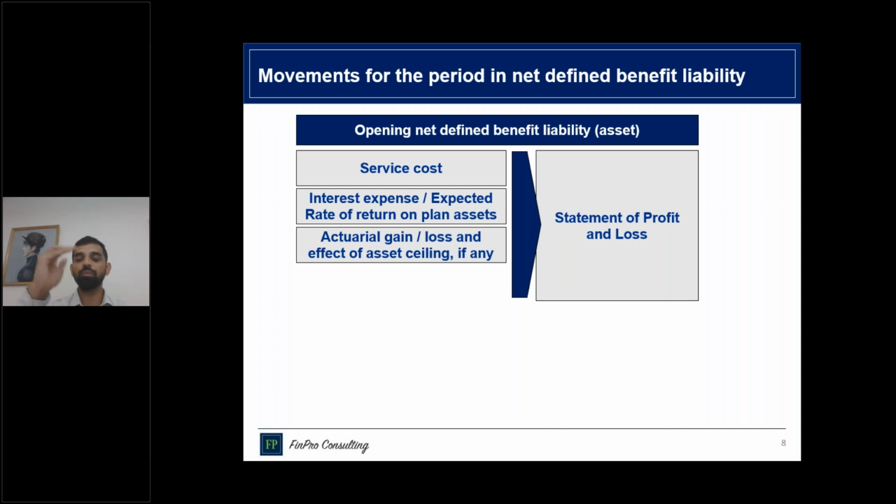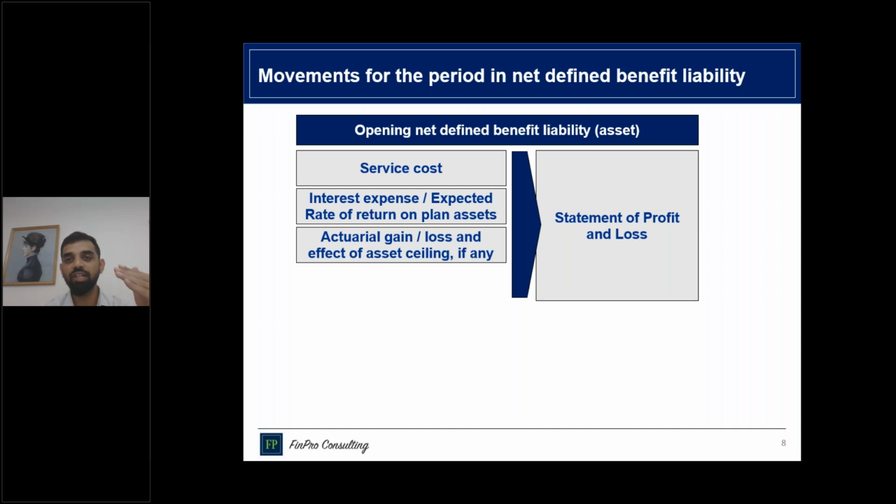He says now I'll bring down the salary escalation rate from 10% to, let's say, 5%, because of COVID there is less increase in salary. So now no one has retired or left the organization, but the actuary is revising the original estimate of 10% to 5%, which has resulted in a lower liability as compared to the original opening liability.